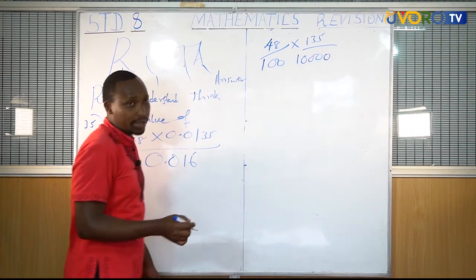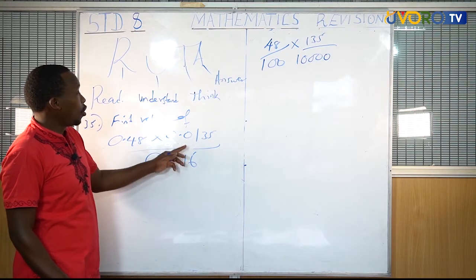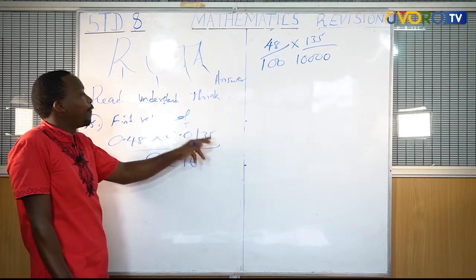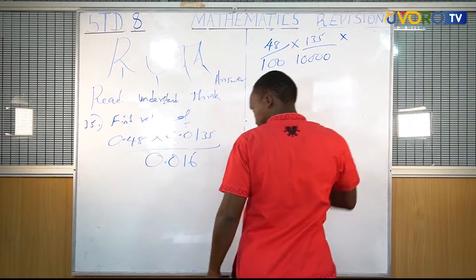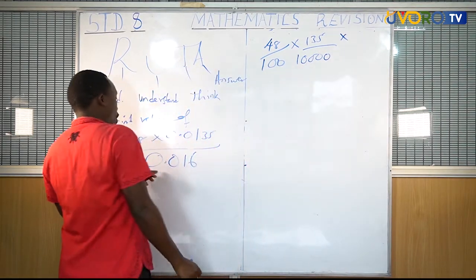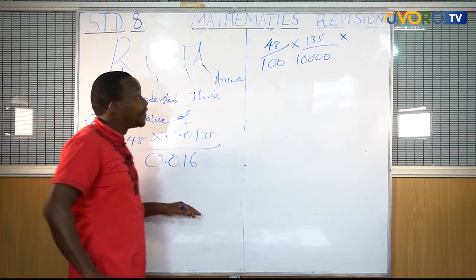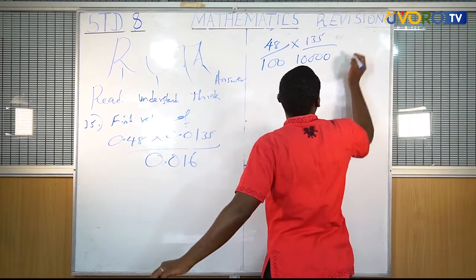Why over 10,000? Because after the decimal point, we have how many numbers? 1, 2, 3, 4. So we need to have 4 zeros. On the bottom number, it is divide, because we have a division sign there.